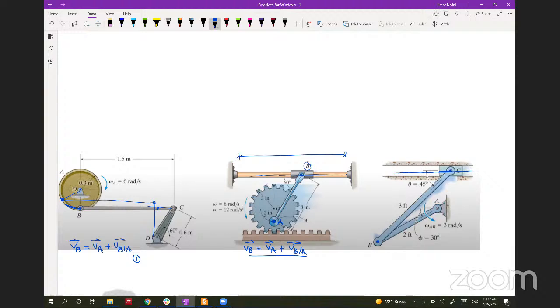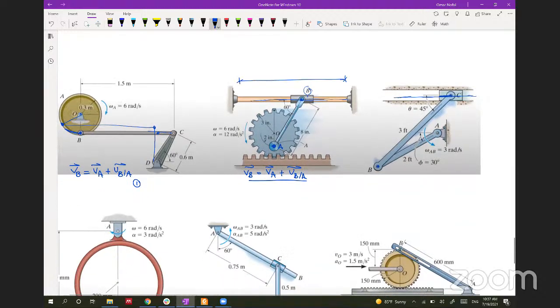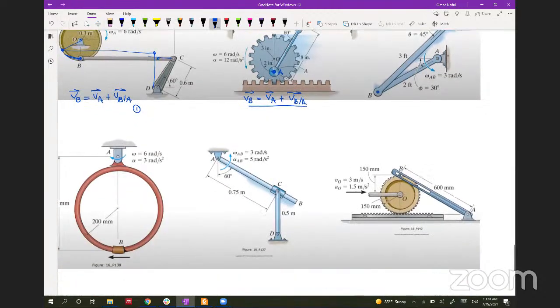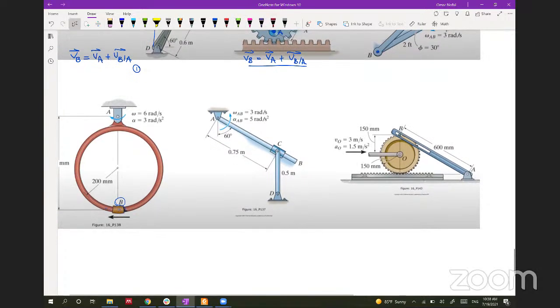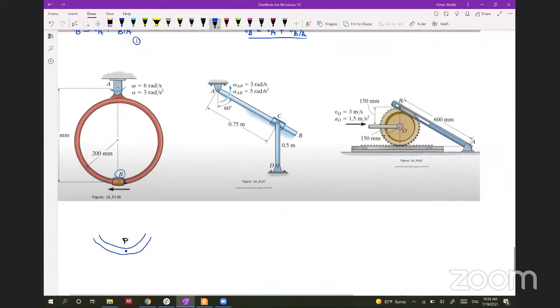But what if the path is moving, like this body B is slipping on a moving path? What if we have this ring, and this ring rotates, and B is allowed to slip on the body, and the path that the collar B moves on keeps moving? We solve this by this concept. Let's assume that this is our ring, and let's assume we have a point on the ring and call it P. And let's put the collar outside the ring here.